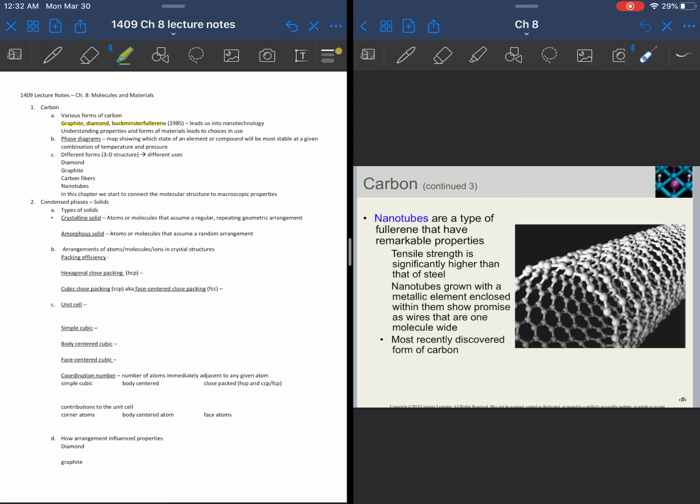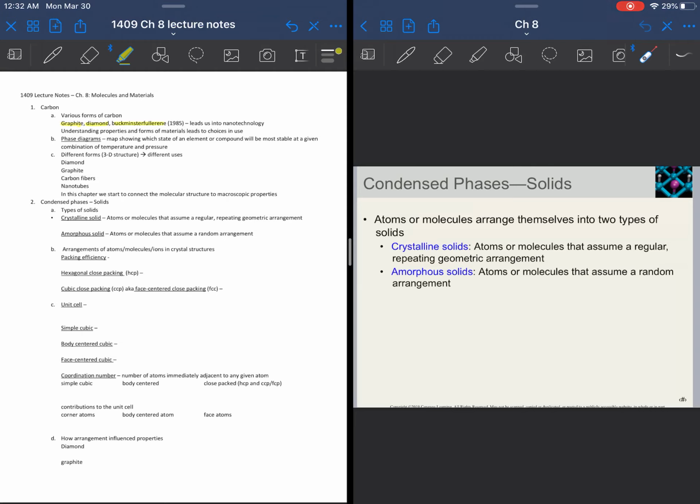And so you see different things like bicycles that are made out of carbon nanofibers because they're strong, but they are lighter than some of your metals. There's a lot of interesting chemistry that comes up when you start talking about nanotubes. But the main thing I want you to take away is the different arrangements, the different three-dimensional structures. They're all just carbon atoms here, right? But the three-dimensional structure gives very different properties.